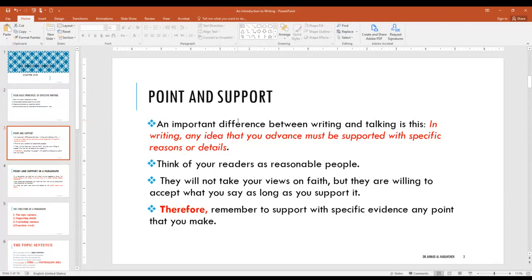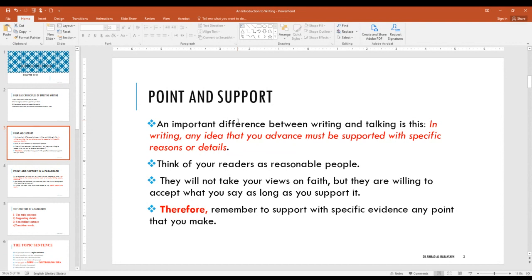You can go to different websites, government websites. For example, here in the UAE, there is a department for controlling drugs. If you go to the website of this department, you will find some statistics or information about drug addiction, and so on.